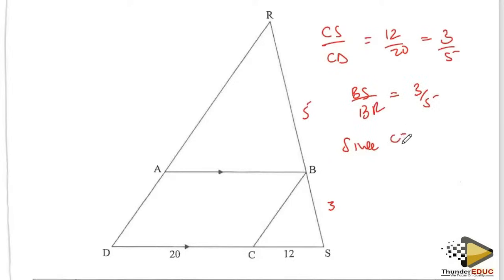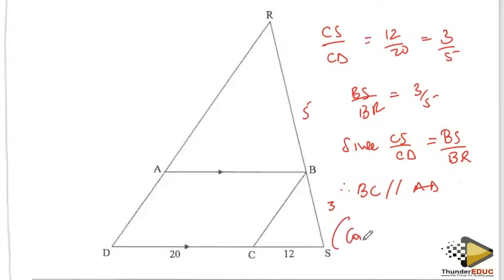Since CS over CD is the same as BS over BR, therefore BC is parallel to AD. It's AD, but we also take it as DR. So these two lines are parallel. The reason is the converse of the proportionality theorem.